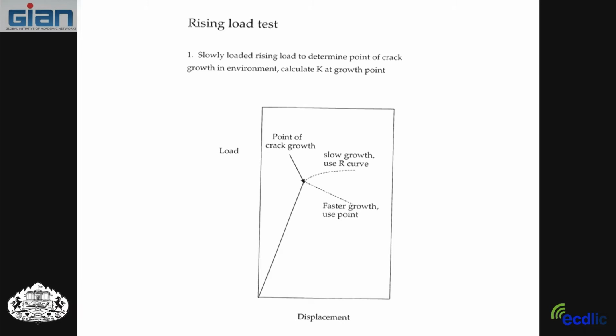And the test machine wouldn't be so bad because you're doing it in a week or so, and not in a year. Anyway, put the specimen into the environment and test machine and load slowly. And by slowly, maybe in the order of a week of loading.